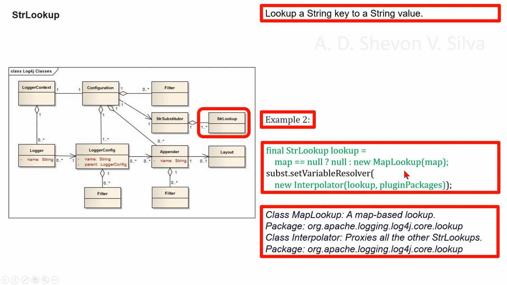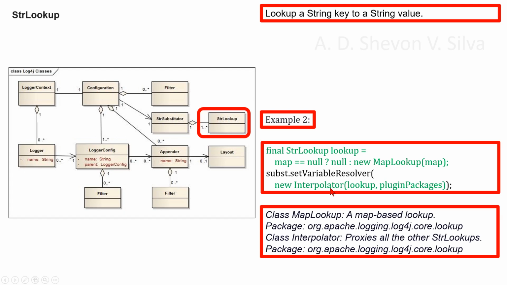In this example, the class MapLookup is a map-based lookup, and this is in package org.apache.logging.log4j.core.lookup. And the class Interpolator is a proxy for all other StrLookups.